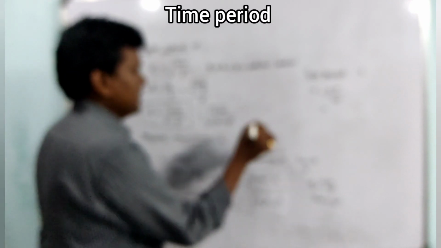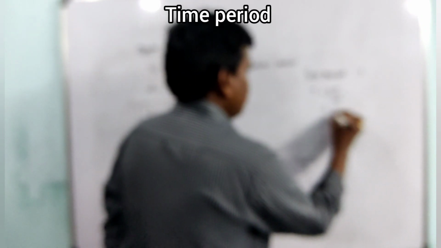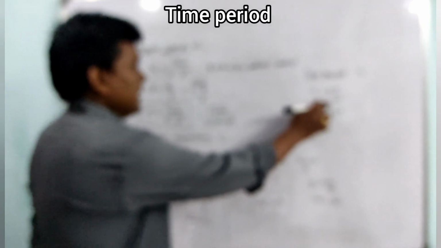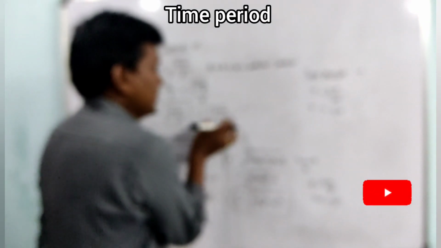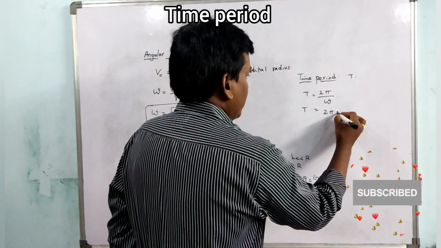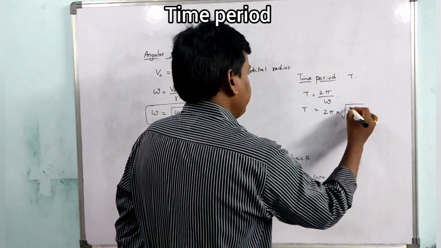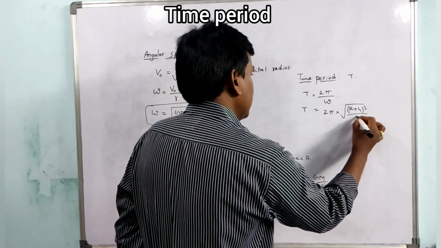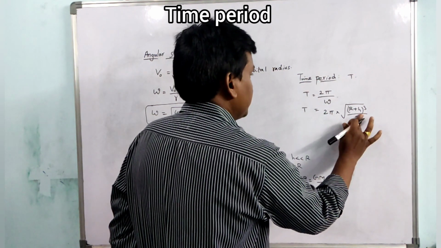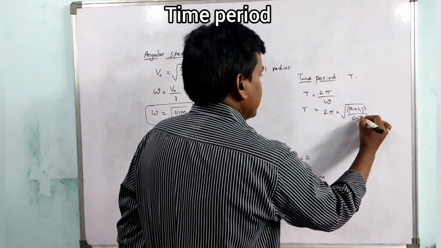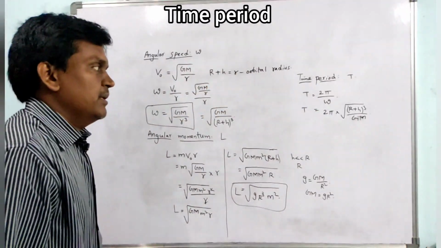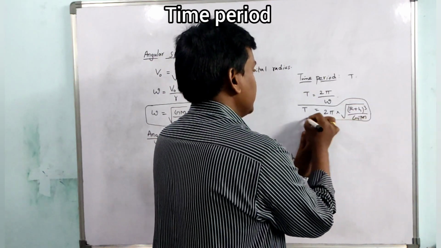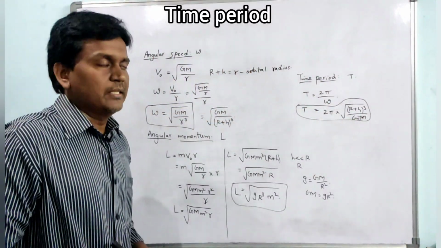So this can be written as T equal to 2 pi into, see, this is in the denominator, so it will be reciprocal here. That means root over (R plus h) whole cube by GM, and this is the time period of a satellite which is orbiting around the earth.